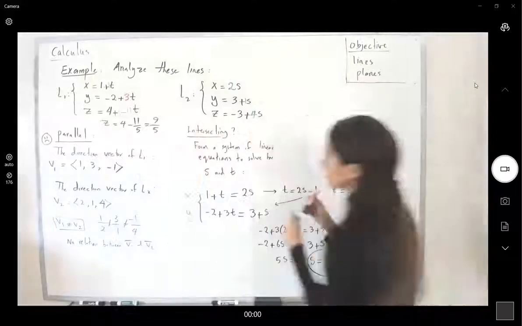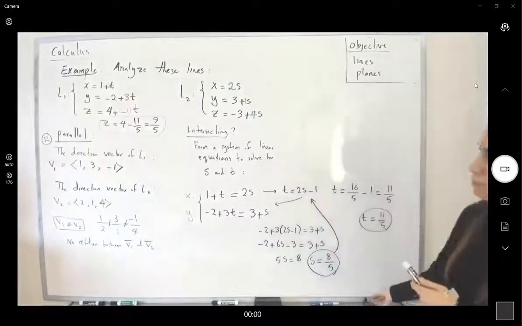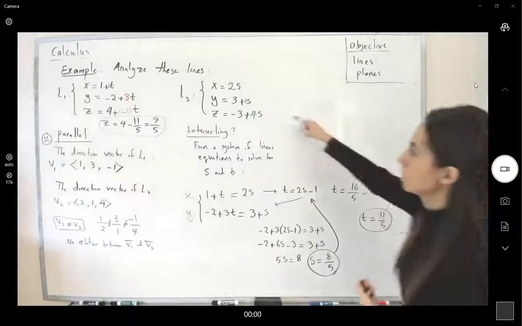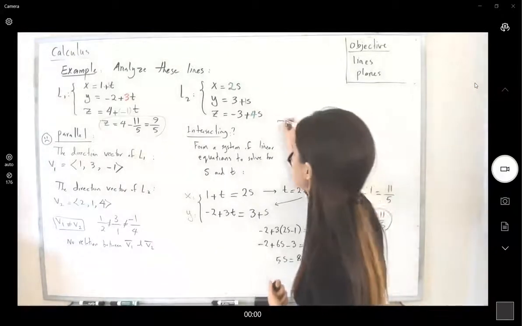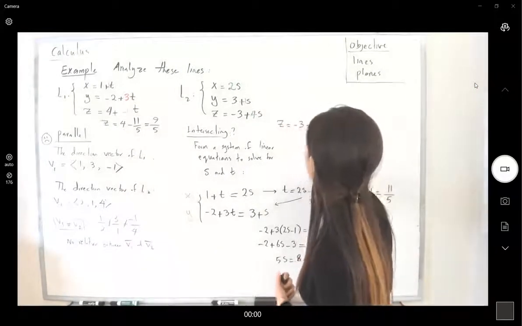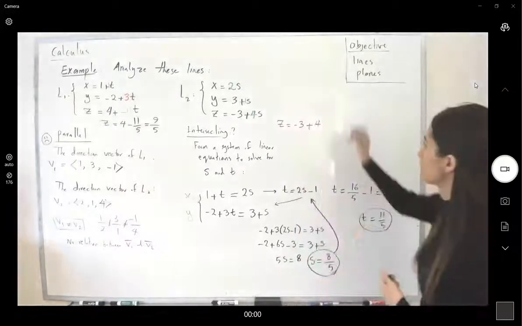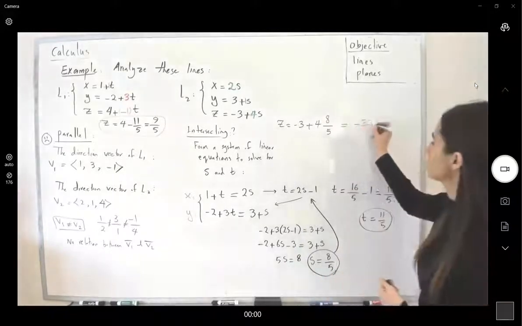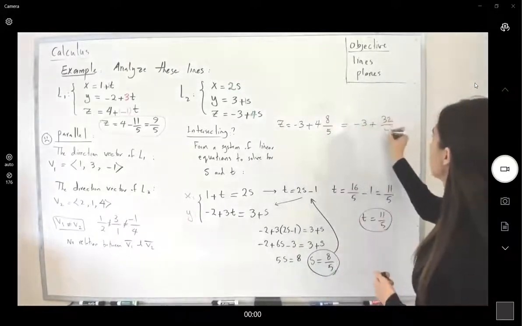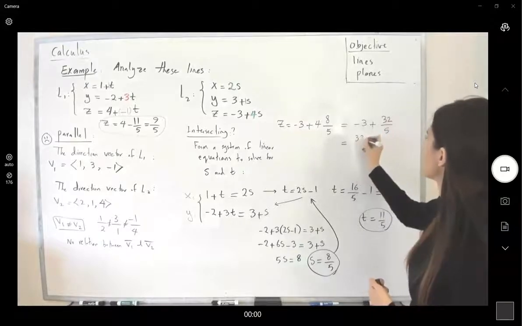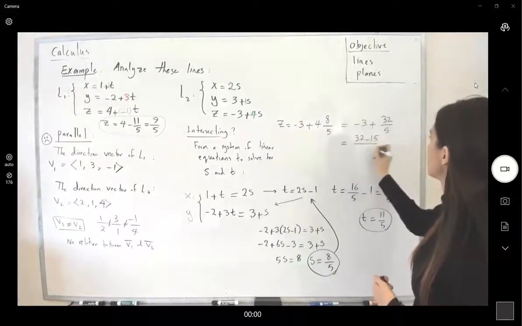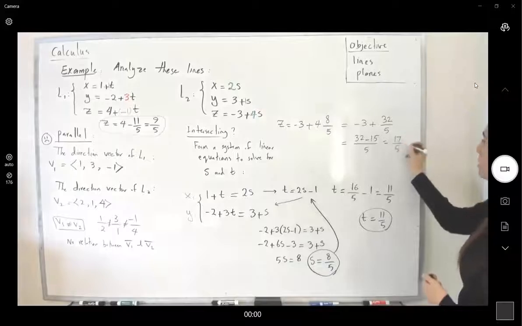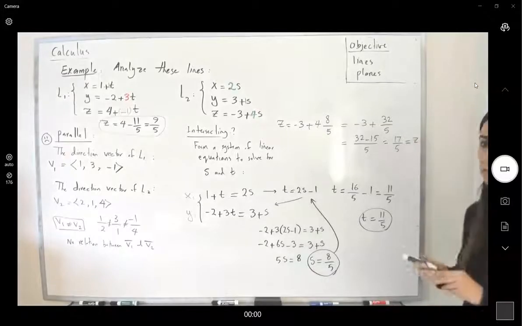What if I plug in s here? If I plug in s here, my z is equal to -3 plus 4 times s. So my z is equal to -3 plus 32 over 5, or 32 minus 15 over 5, or my z is equal to 17 over 5.